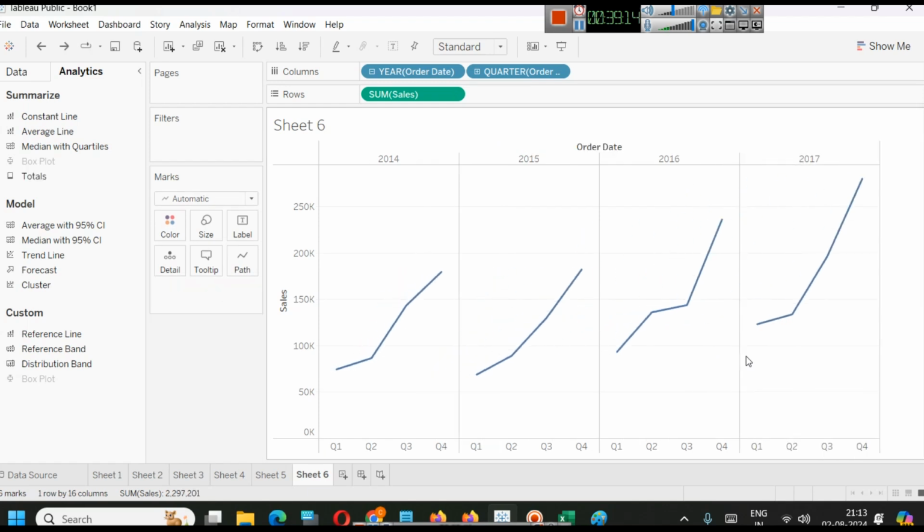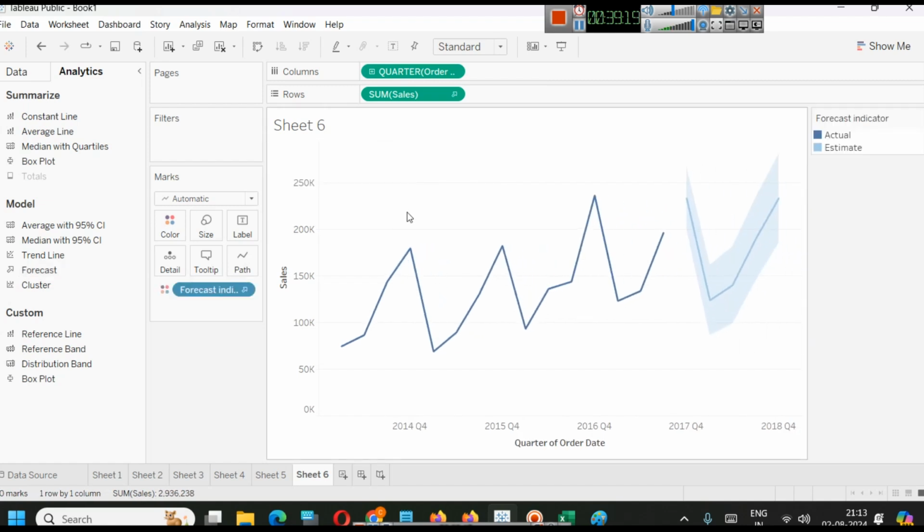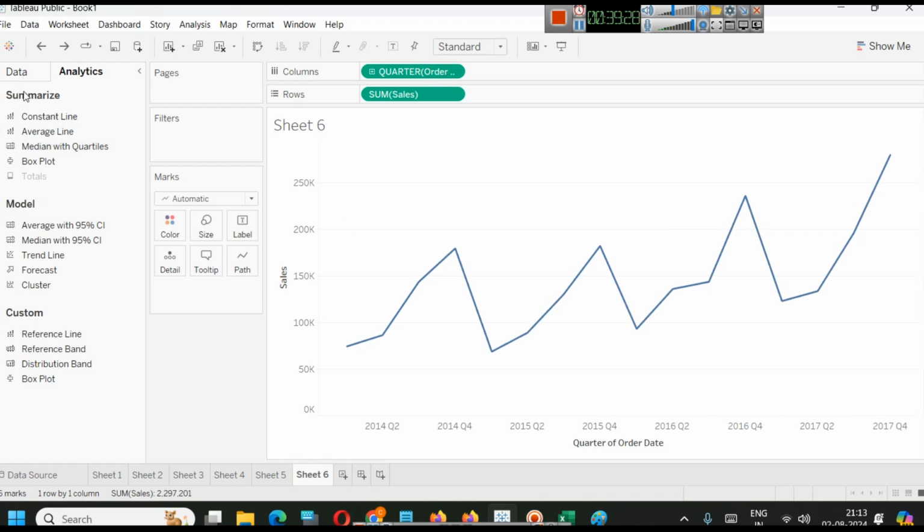But if someone says, no, I want the forecast looking at the whole picture, considering it as a continuous value, it will be like that. So this is what we will do. And by the way, these are the models which you will learn: trend analysis, forecast, and cluster on many other data sets. For at least going through things one time, we are learning with the help of the Sample Superstore data set.